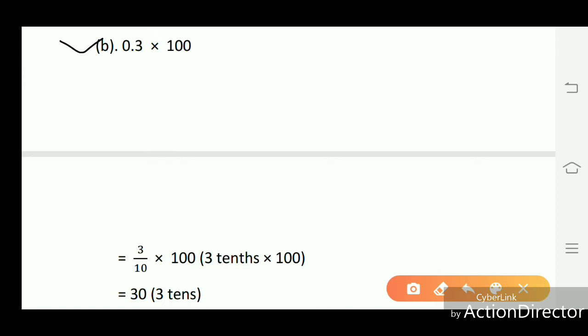So we write 3 upon 10 multiplied by 100, and this 10 divides this 100 ten times. So 3 tens multiplied by 100 gives 3 tens, which are 30. So if we multiply 0.3 this way, the point shifts 2 places in the decimal number.